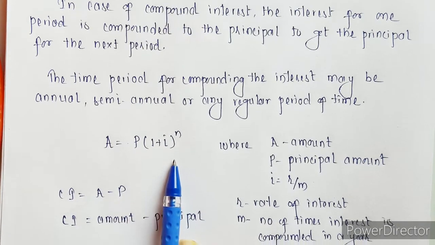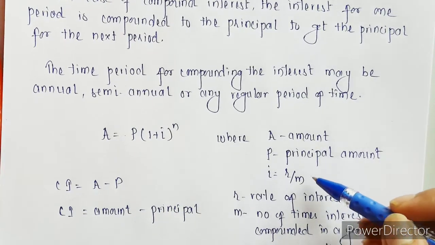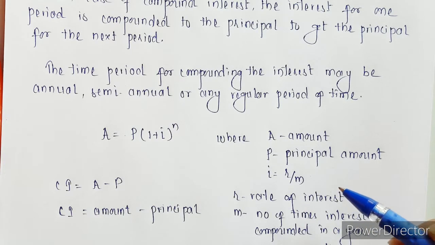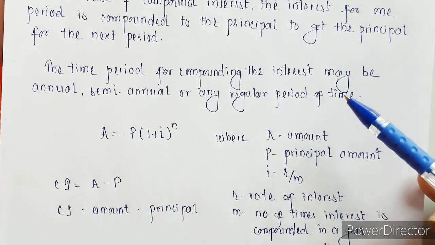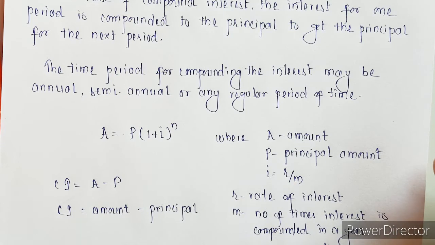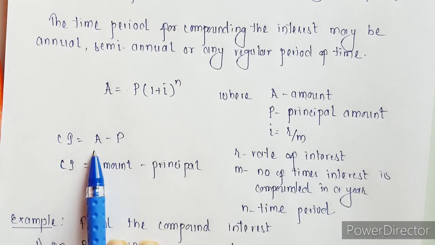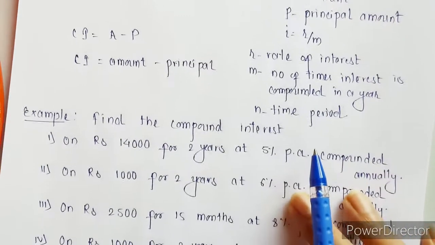Here i is r upon m, where r is the rate of interest and m is the number of times the interest is compounded in a year, and n is the period for which interest is compounded. Then we can get compound interest by subtracting principal from the amount. So let's look at these examples.